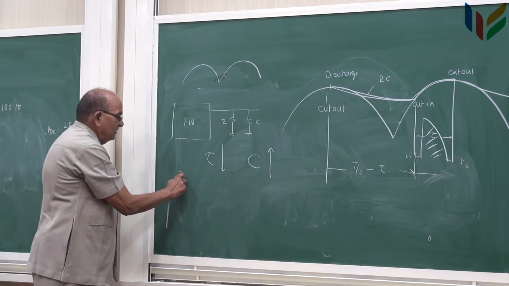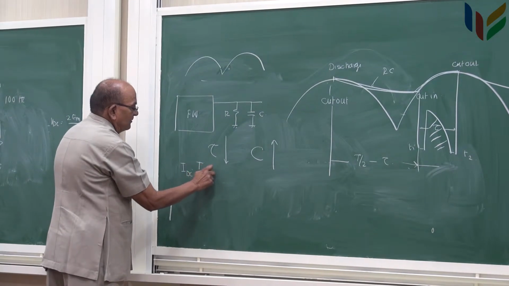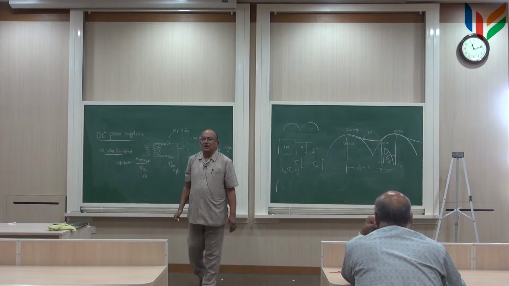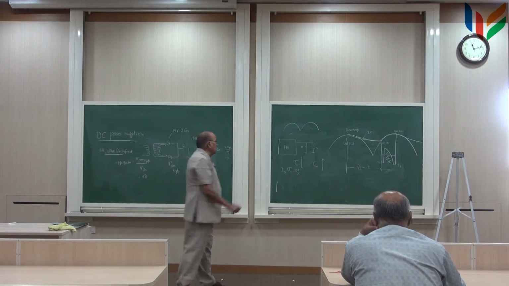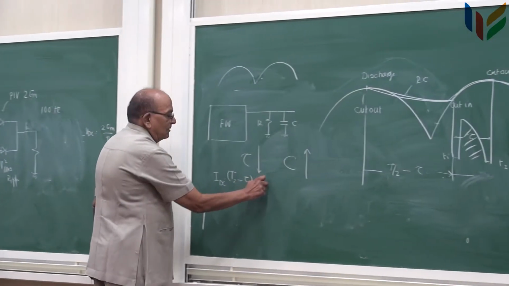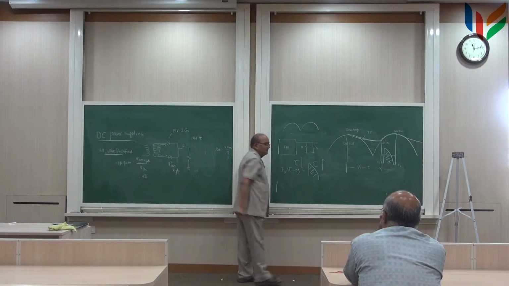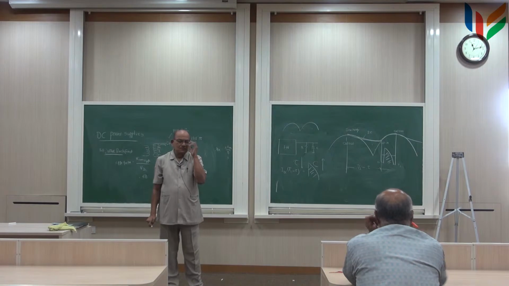So IDC into T by 2 minus tau is the amount of charge that the capacitor lost during the discharge time, and that should be equal to the area under that curve. Right?